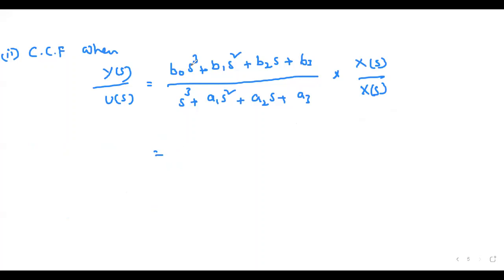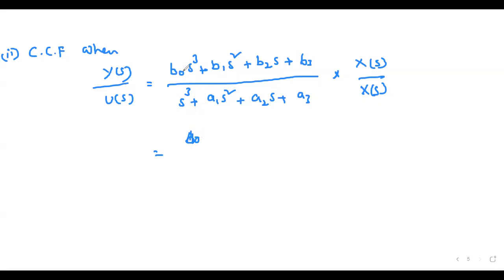Here I can write it as, see both the polynomials have degrees of s in the same order, then I can take common s cube in the numerator and denominator, so I will get 1 here, so that I will get x of s equal to something, and that will give my state. Therefore I will take common both in the numerator and denominator.